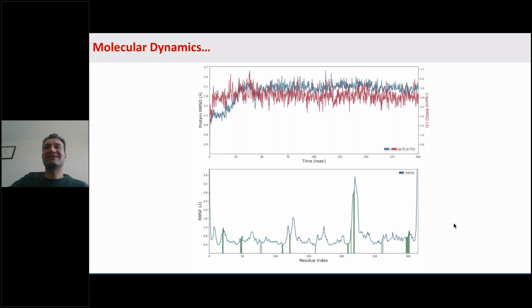Always try to see the movie. The ligand RMSD might be, for example, very high, but if you look at the movie, you can see whether the ligand has really diffused away or the RMSD is because of the flexibility of some rotatable bonds. So it is better to combine those data together.